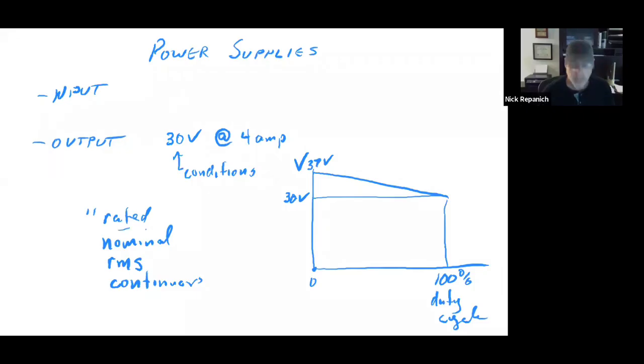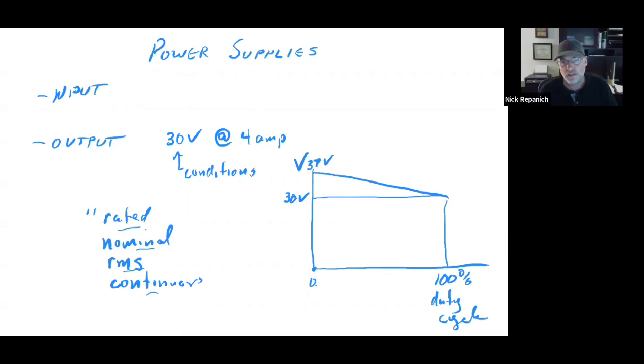Rated means continuous. RMS tends to mean that nominal, tends to mean at full load or when it's being used, versus intermittent, or in this case 0% duty cycle.